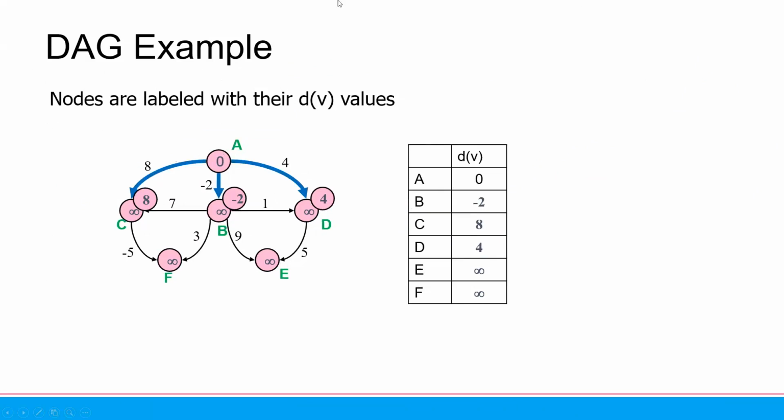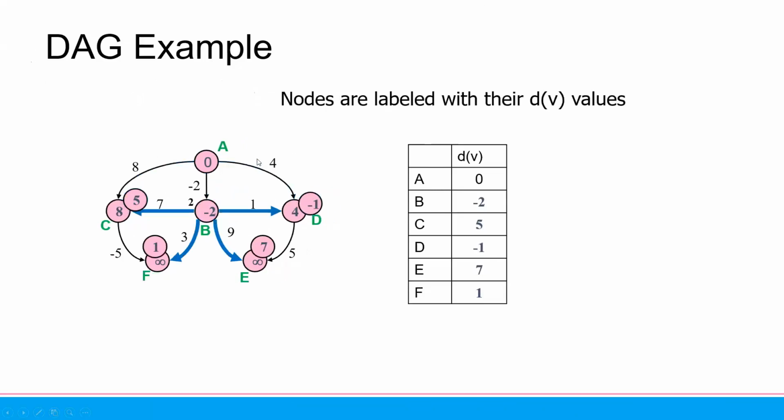Now, with this information, B becomes -2, and then C becomes 8, and then D becomes 4. So we want to check based on the topological order. We will check B first, and then for B, we will check every possible edge.